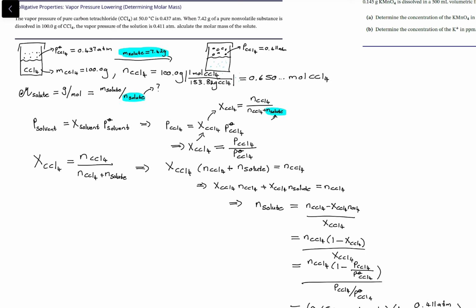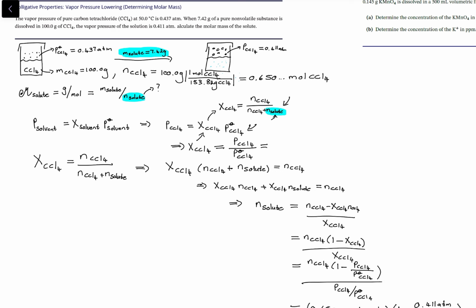Good. We can quickly run through it. The basic point of this is, you're given the mass, you want to get the molar mass, so that means you need a mass divided by a number of moles. To get the number of moles, the only quantity that you can relate is, of course, the mole fraction, and this mole fraction you can relate through Raoult's law. So you grind through some algebra, or you can calculate quantities on your own.